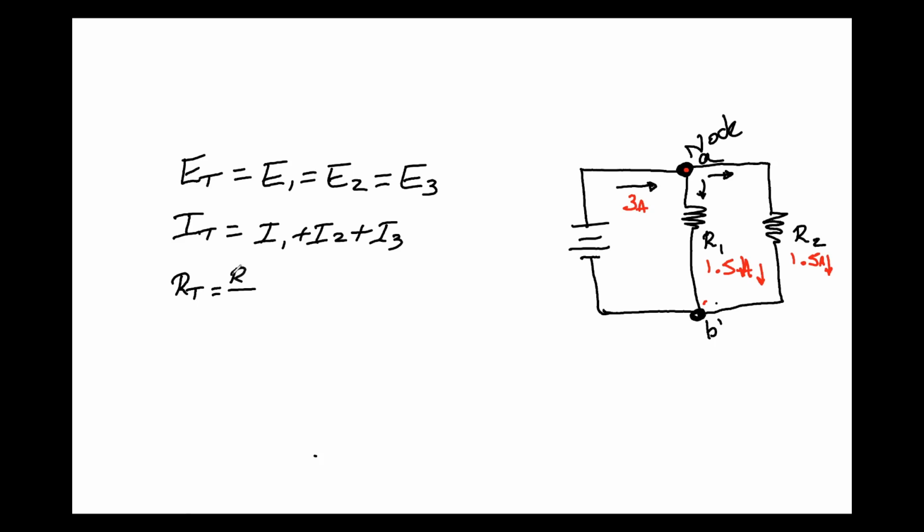Let's say that here we have 60 ohms, and here on R2 we also have 60 ohms. We are going to take the value of one resistor and divide it by the number of resistors that we have connected in parallel. So we would have 60 ohms divided by 2, because we have 2 resistors, is equal to a total of 30 ohms.